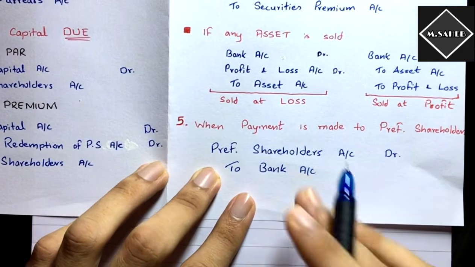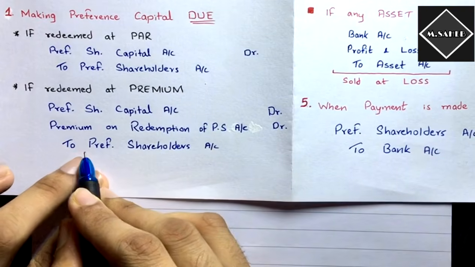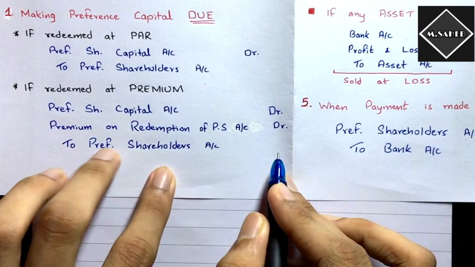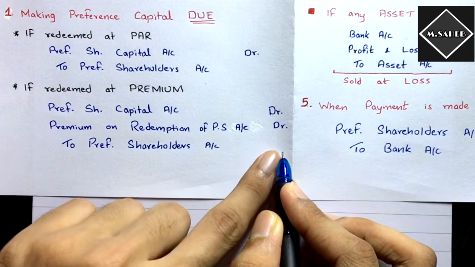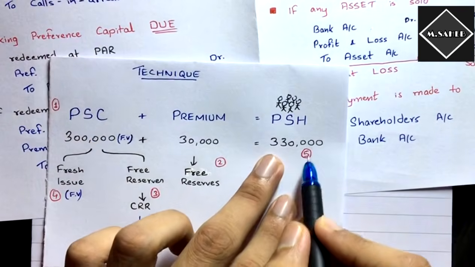Simple. So whatever money you credited, let's say you said we have to pay 3,30,000, including the face value as well as the premium, the extra payment, 3,30,000, just for an example. The fifth entry is the payment entry.